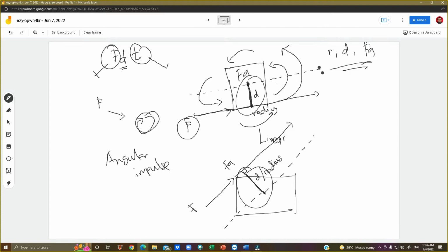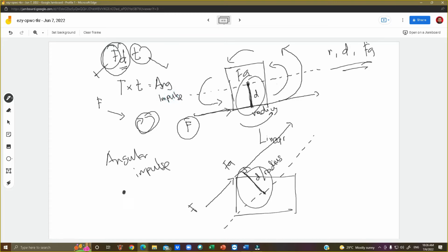And this actually the thing that show you the D part, the distance part, which make up torque. Okay, torque. And when you apply time to the torque, you get angular impulse.